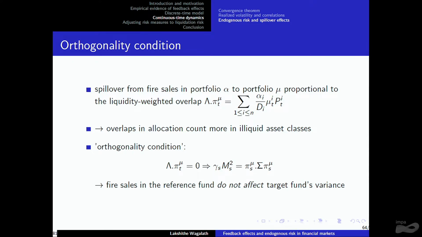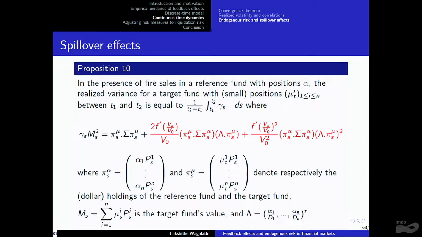So it's the projection of fund mu's holdings on the liquidation vector. But it's not the simple liquidation vector. It's the liquidation vector weighted by the liquidity of the assets. You see that if this scalar product is equal to 0, the terms disappear.